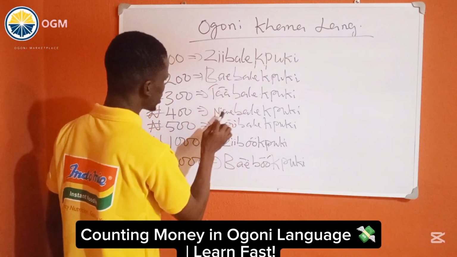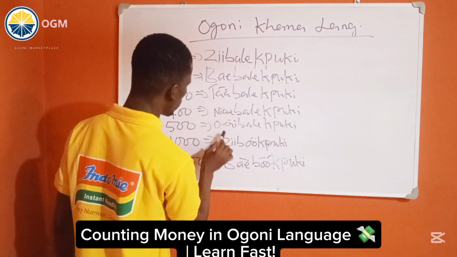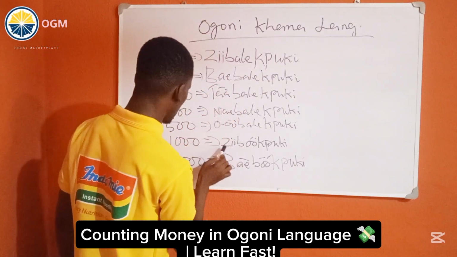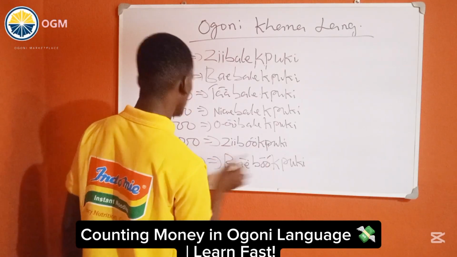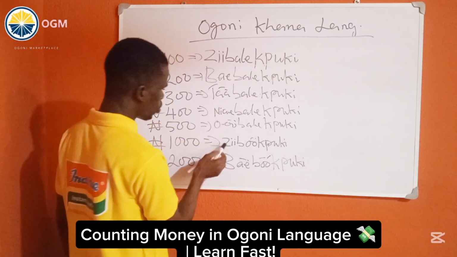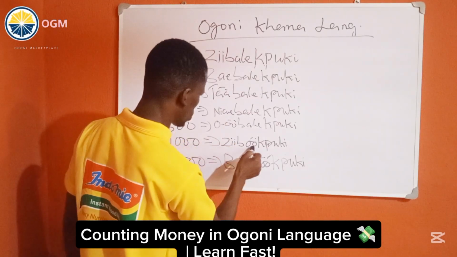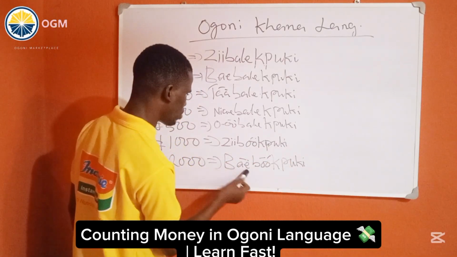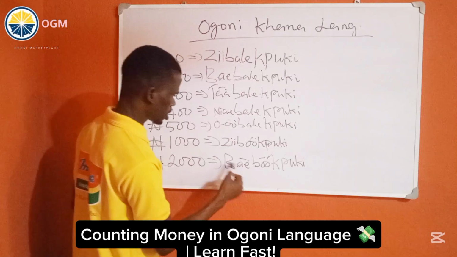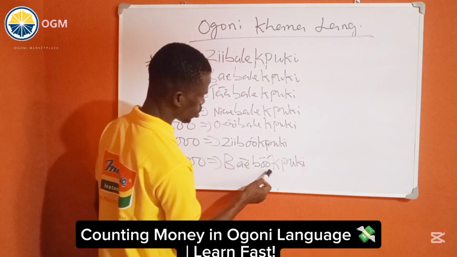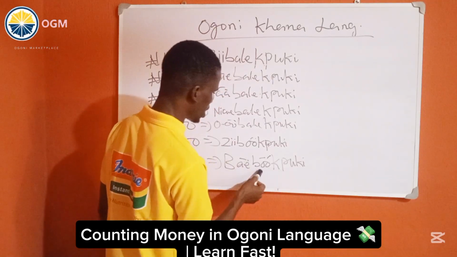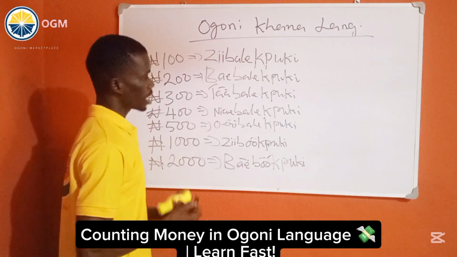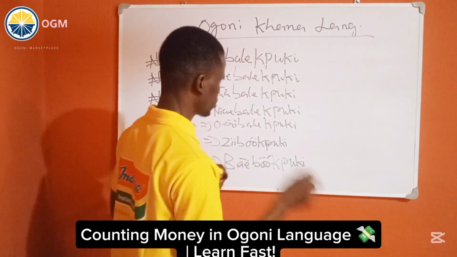This is ba, this is ta, this is nia, this is zimbo. 1 is called zin. Then 1,000 is called bopu. Then here is 2,000. 2 is ba. Then 1,000 here, because it's 2,000, is called ba bopu.